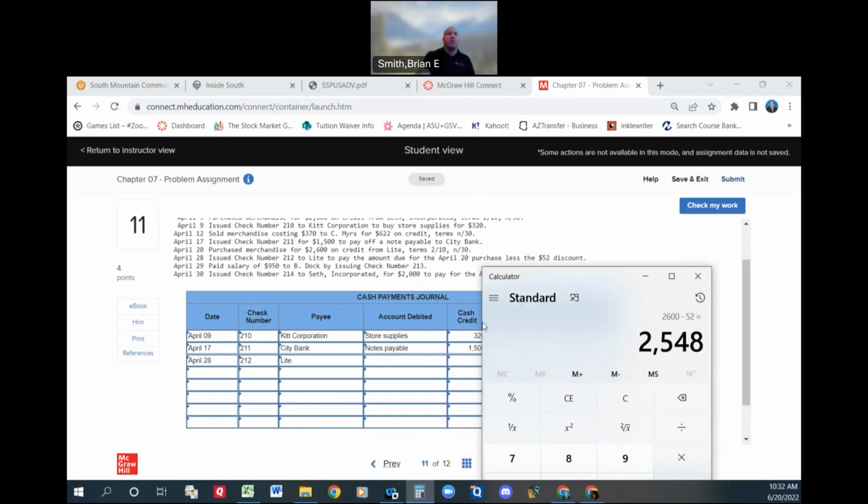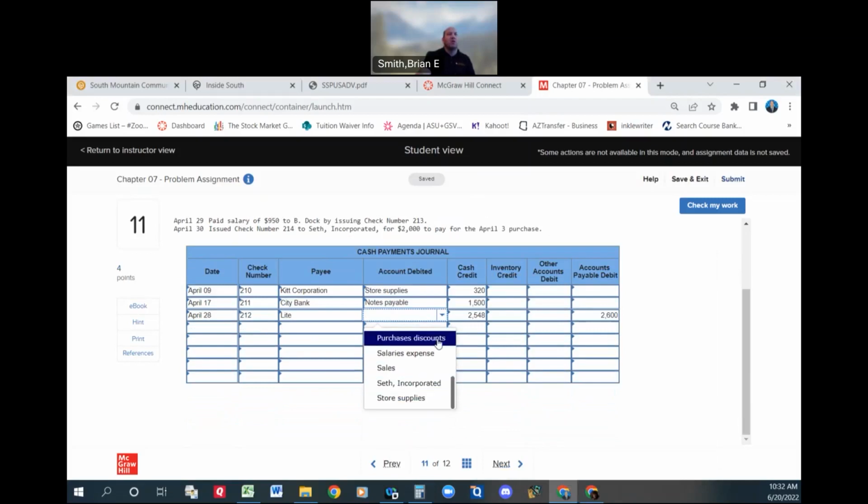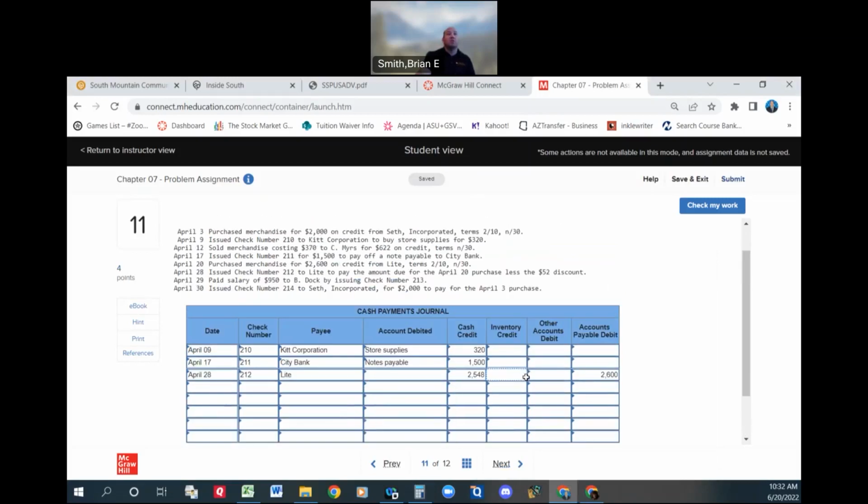So 2,548 is what we're paying. And then we're going to, I guess, sales discounts, what we're going to put here. I mean, purchases discounts. No, what am I thinking, guys? I'm already totally botching it. It's going to be to inventory for the amount of the discount.